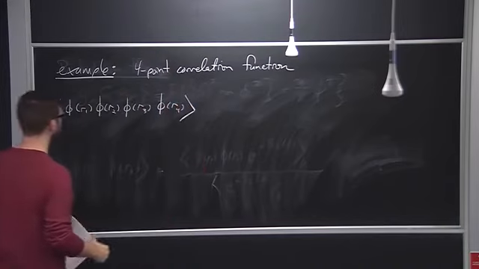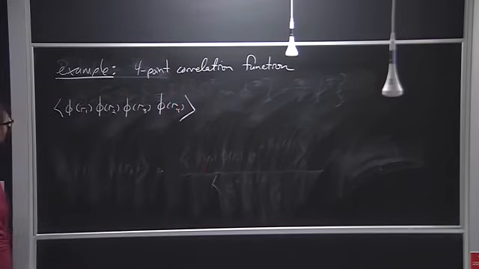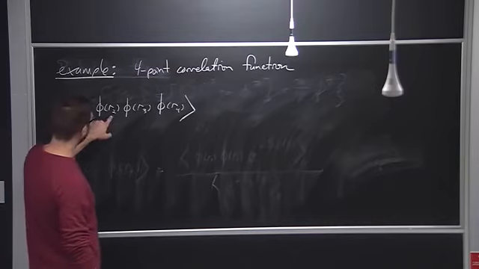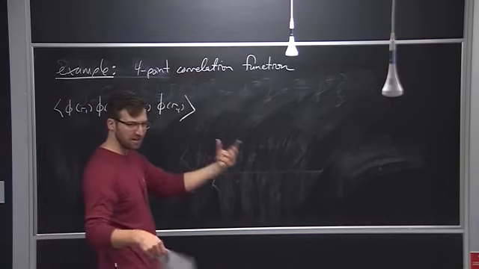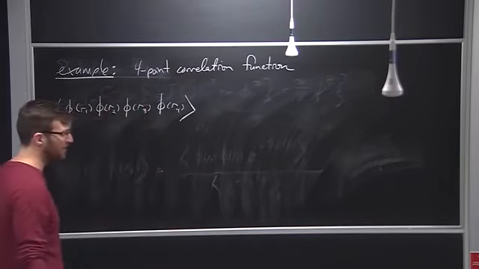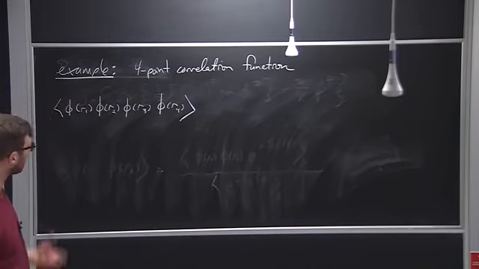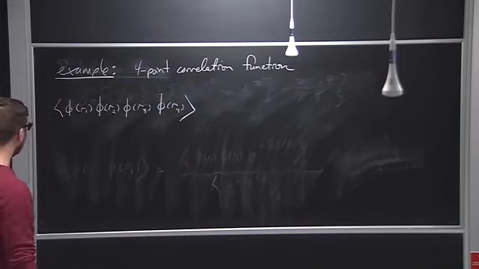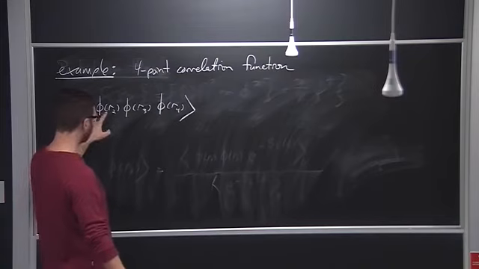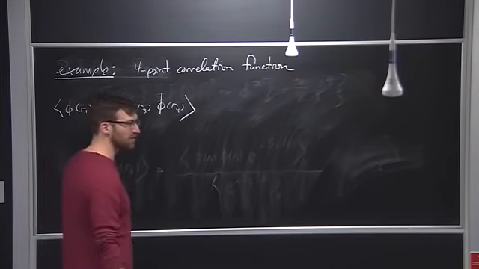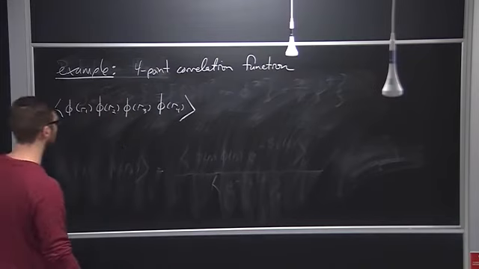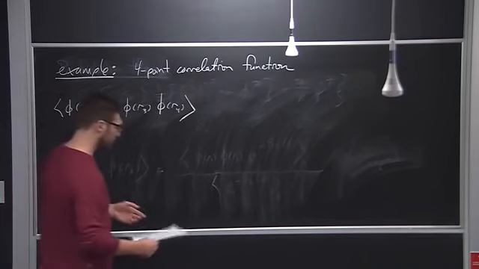Why you want to calculate this thing is another question. But just imagine I have 4 different positions for my fields. I have this field theory. I have these fields that live in D plus 1 dimensional space somehow. And I want to know how the fields at 4 points in that coordinate system are related.